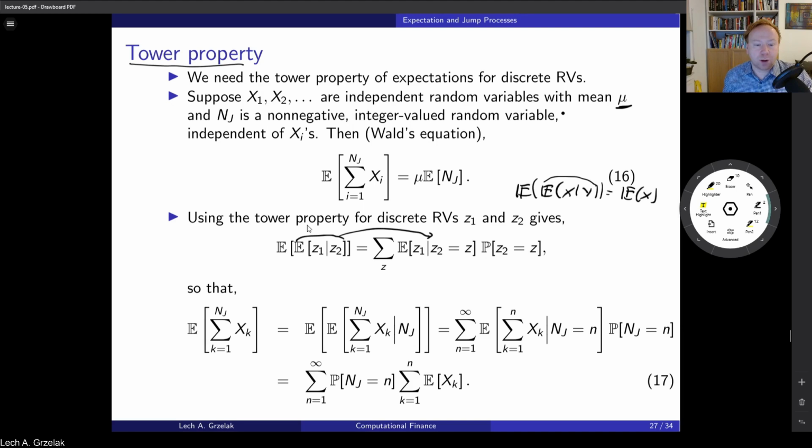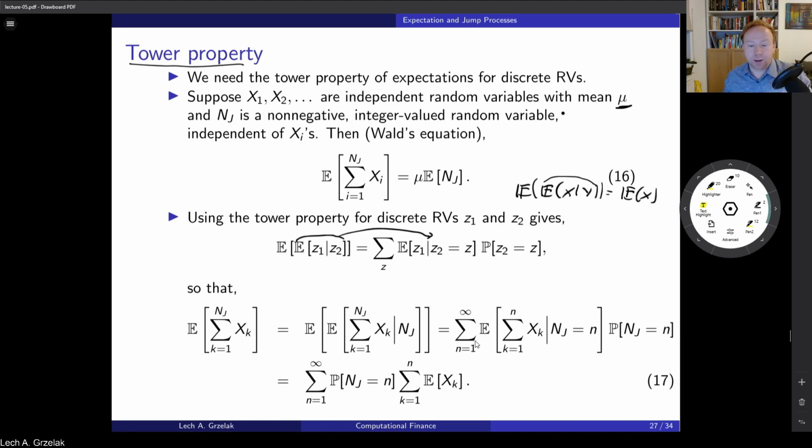If we go back to our equation, we have the expectation of the summation of all xk's until nj. Essentially you can see that we have two random variables, xk and nj. By conditioning on nj, we can separate xk and nj. One of them, nj, will be deterministic given the condition.